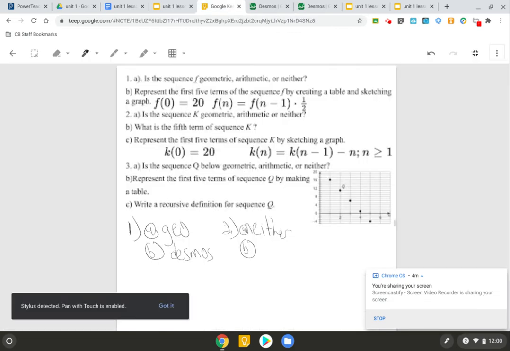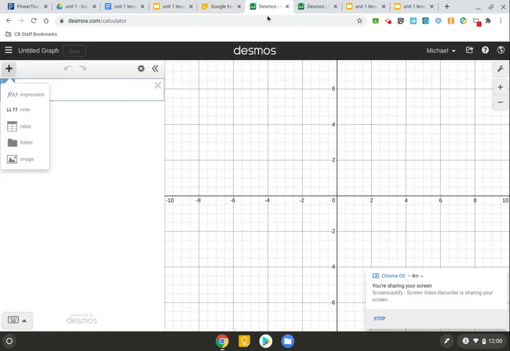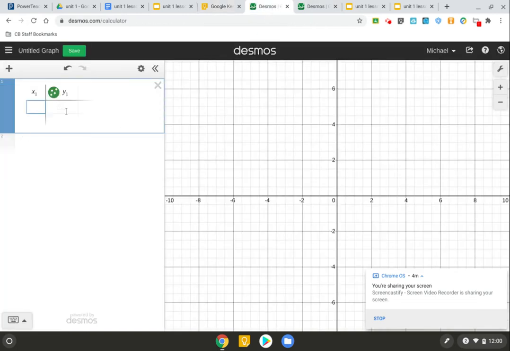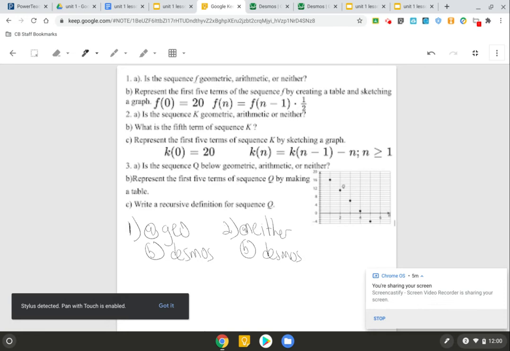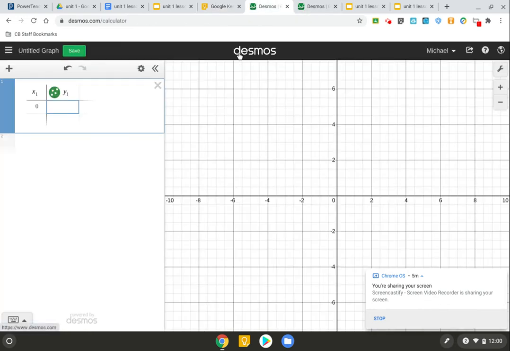I'm going to insert a table, and I know that my starting term, which remember is term 0, is 20. I want to find the fifth term, but the fifth term is not term 5. The fifth term is actually term 4.